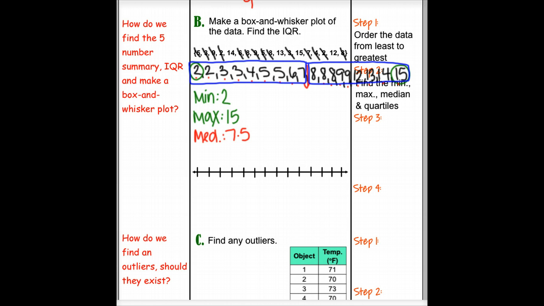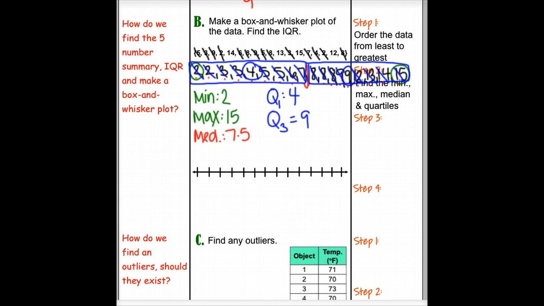So if I do that, now I can cross things off because quartile 1 is going to be left, right, left, right, left, right, left, right. Quartile 1 is going to be 4. And then over here, left, right, left, right, left, right, left, right. Quartile 3 is going to be 9.